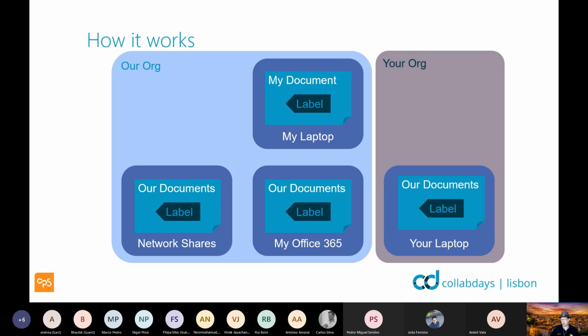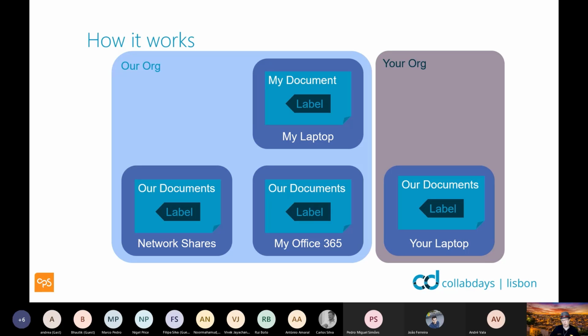So if we send or share a document and our partner organization has a copy, maybe on their laptop or anywhere else in their organization, the label will travel with that document. So any document we share, that label travels with it. And there's a very important separation between the data loss prevention labels that we see when we're looking after locations within Office 365.